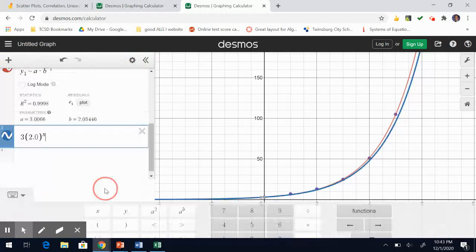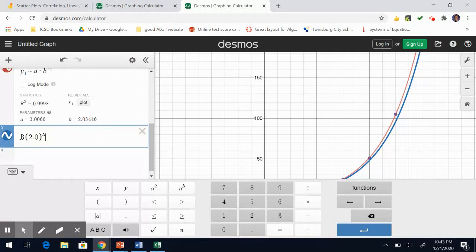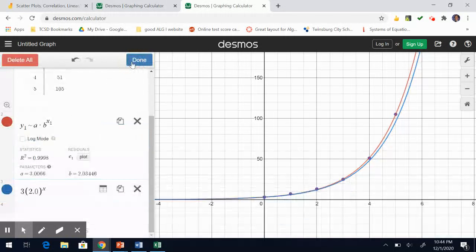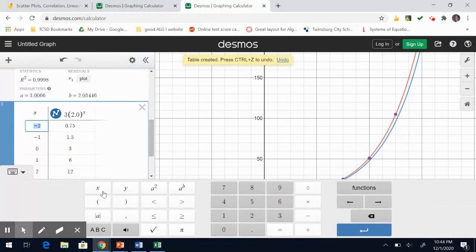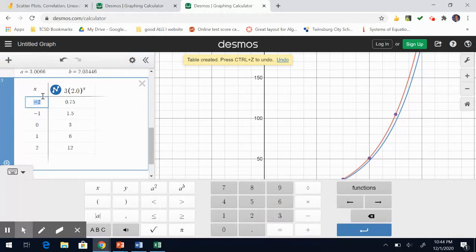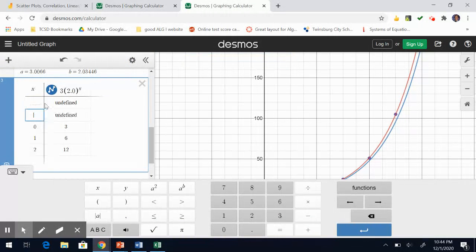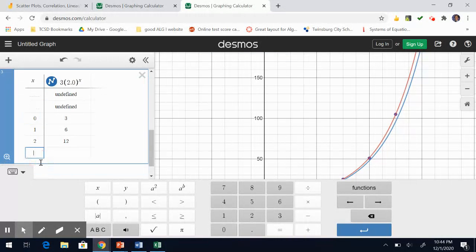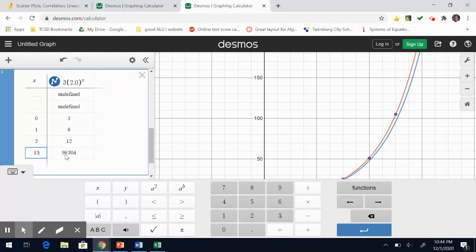So when I type in my expression here, I'm going to hit the gear, and then I'm going to create a table. And then you could type in whatever value you want as your X, your input, right? Let's say I wanted what 15 would be. It's going to get pretty big. Yep, real quick, 98,000.